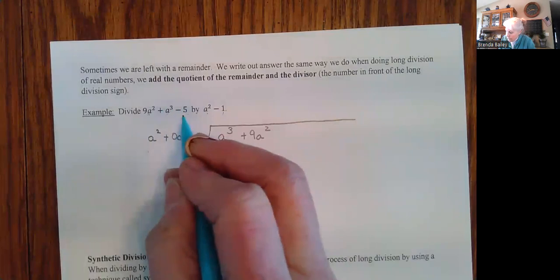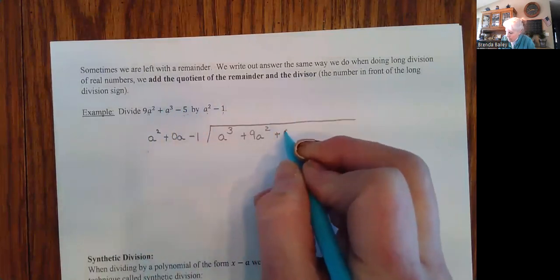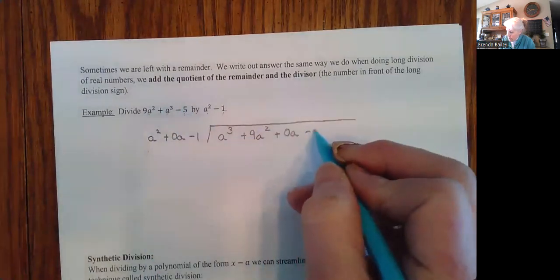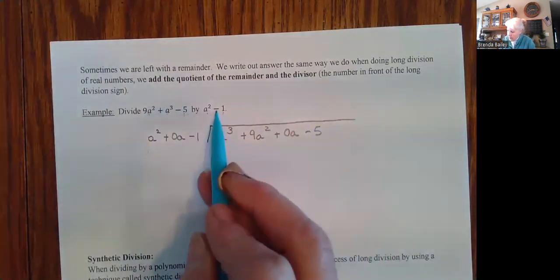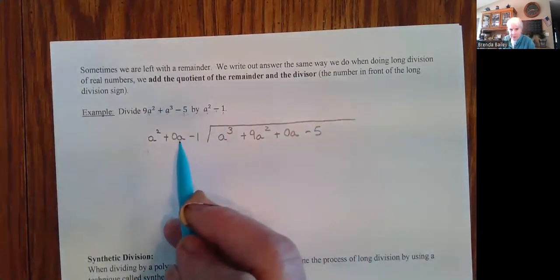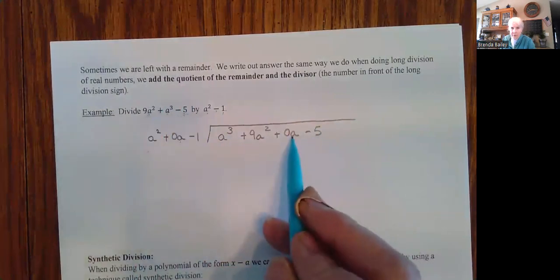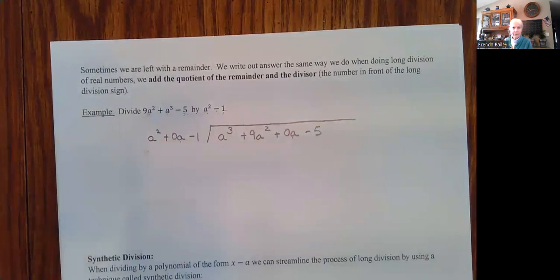There's no a to the first, so I have to add that in, and then you have your constant. So I included it here. The missing term is a 0a, and I also included it here. It makes things line up when you start to bring things down and subtract them. And then you just go through the process.